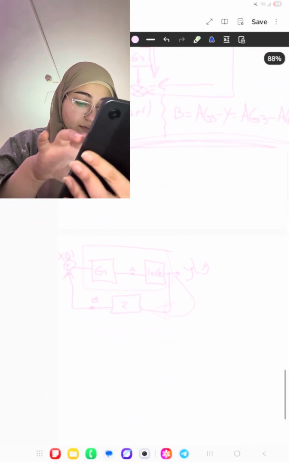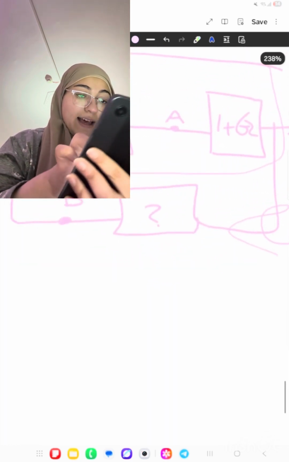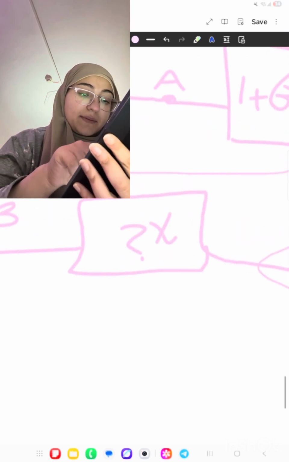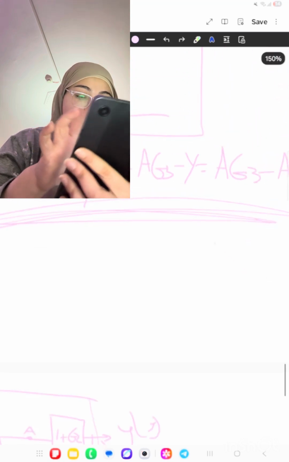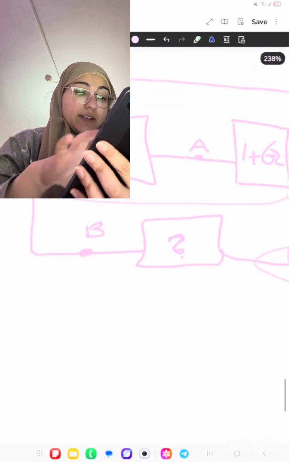Then, after this step, we have this unknown block. We could name it X or something, but let us name it question mark.